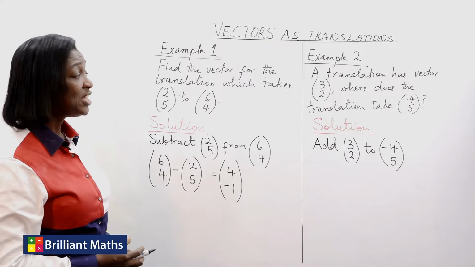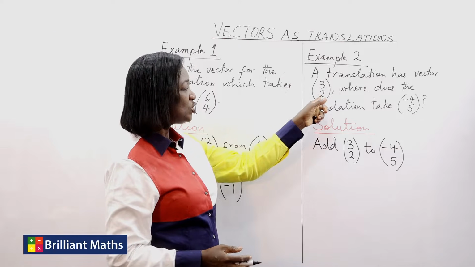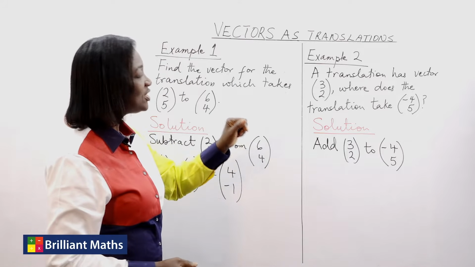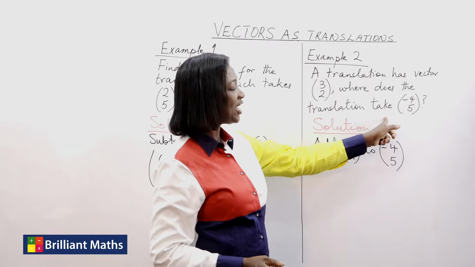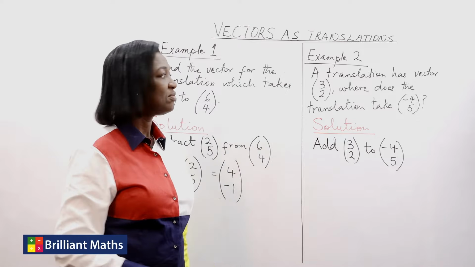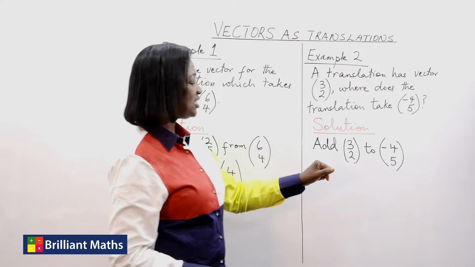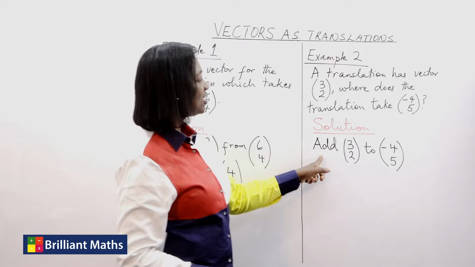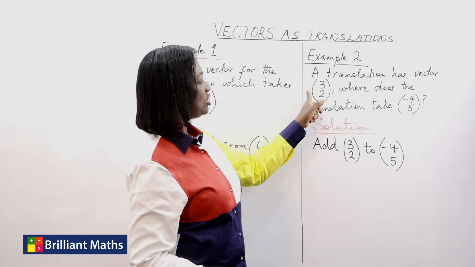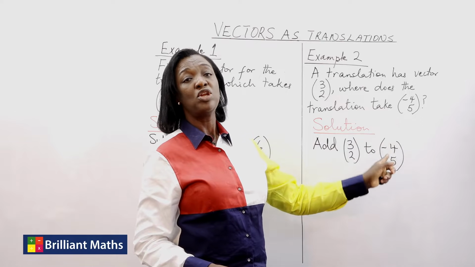In example 2, it says the translation has vector 3, 2. Where does the translation take the vector minus 4, 5? In this case, we are adding the vector translation to the vector we have so that we know the new position.